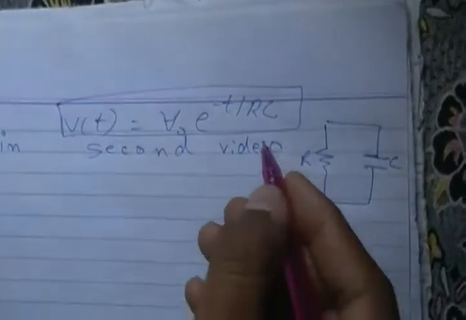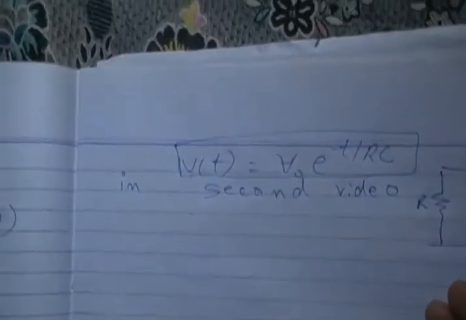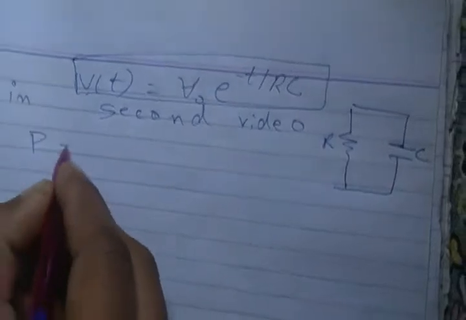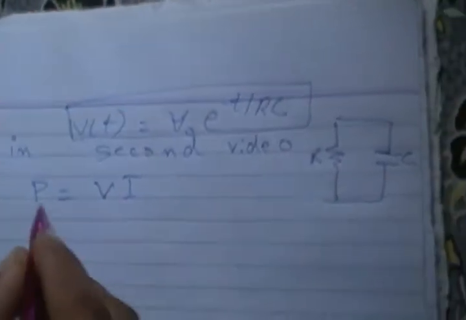I will also derive the equation for power and energy of the capacitor, but I can tell you that you can find the power by using this, because P is equal to Vi. This is the power consumed by the resistor.